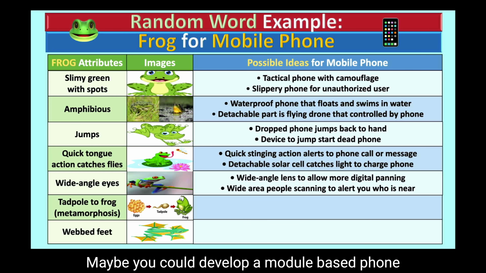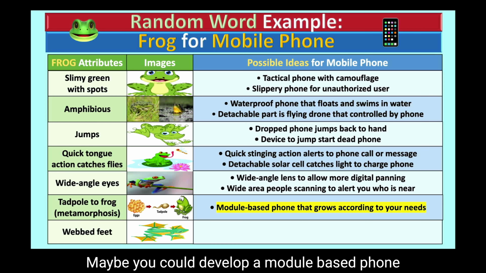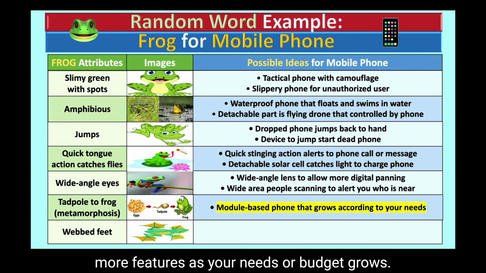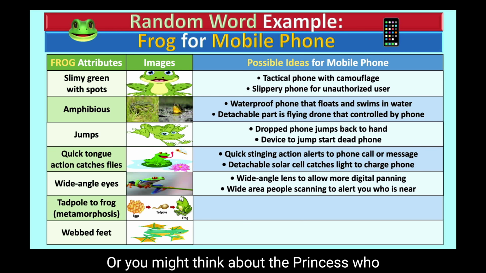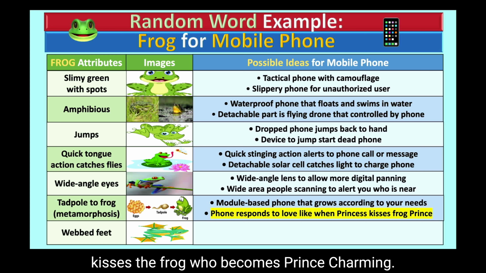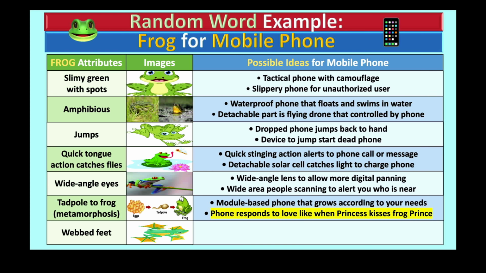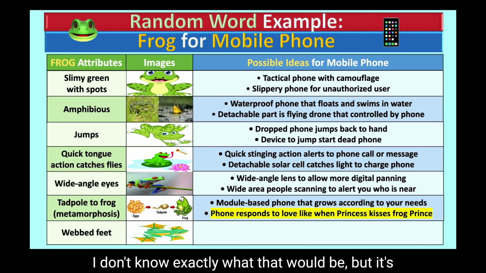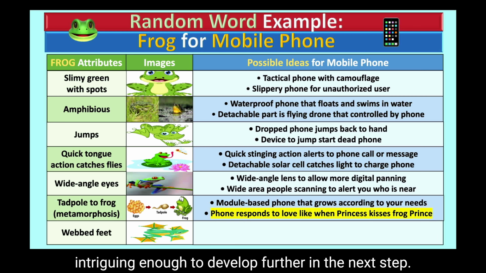Maybe you could develop a module-based phone whose shape could change according to your needs, or activate more features as your needs or budget grows. Or you might think about the princess who kisses the frog, who becomes Prince Charming, and this could suggest a phone that somehow responds to your love. I don't know exactly what that would be, but it's intriguing enough to develop further in the next step.